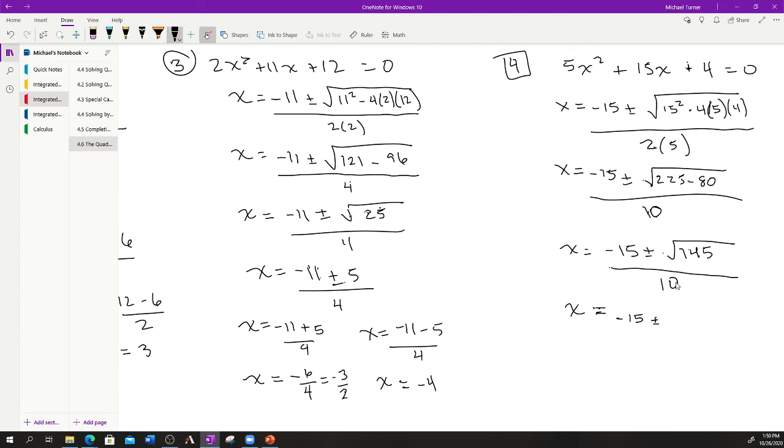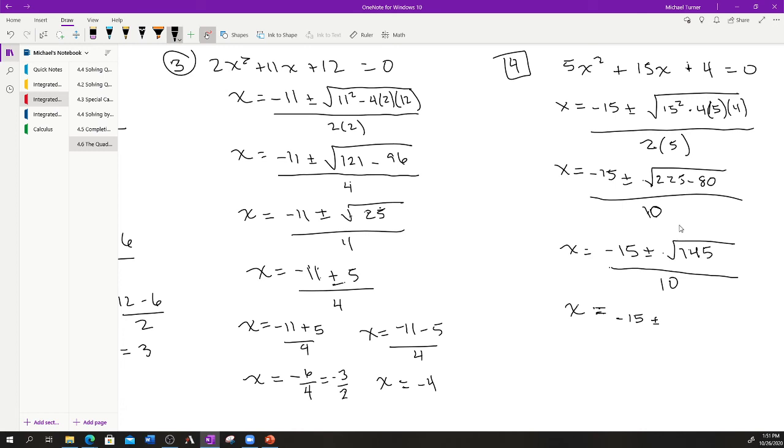That's a requirement. Okay. But looking here, going through my perfect squares, 1, 4, 9, 16, 25, etc., 145 doesn't have any perfect squares that go into it. 145 is what we call a product of primes.